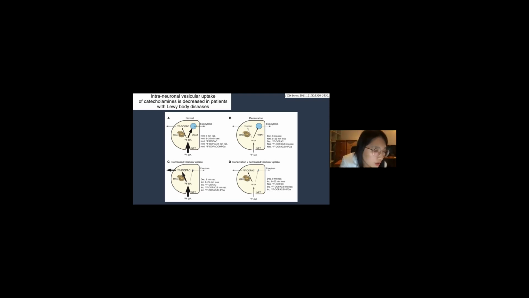This article uses F18-labeled dopamine to track myocardial uptake and retention of catecholamine. In figure A, this is a normal person. Normally, F18-labeled dopamine is taken up by sympathetic nerves via the cell membrane norepinephrine transporter.